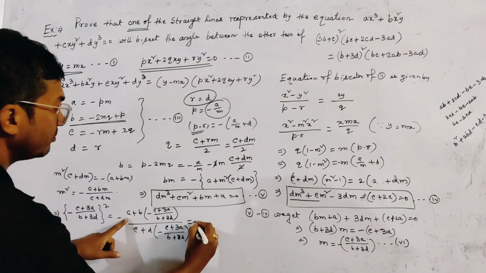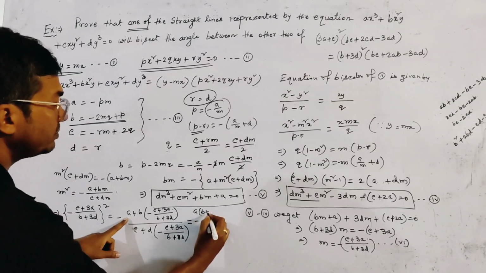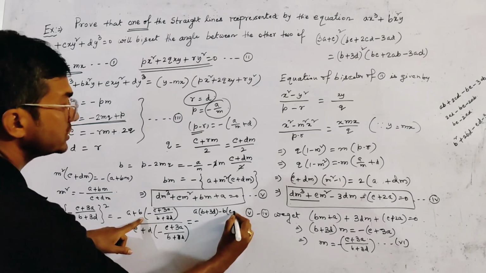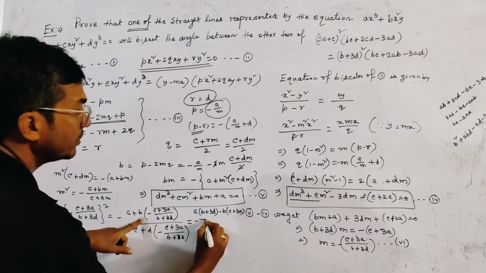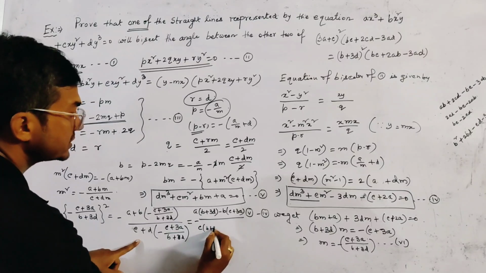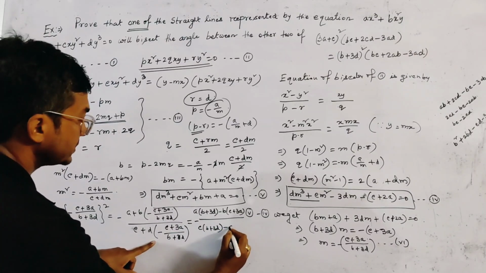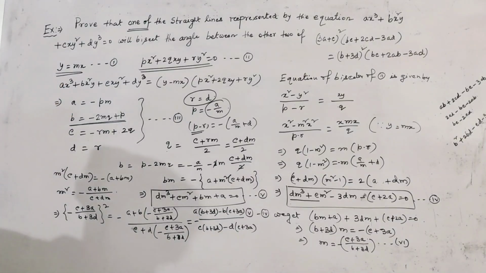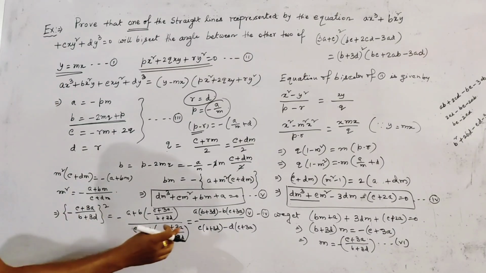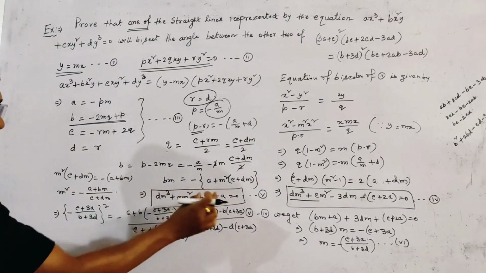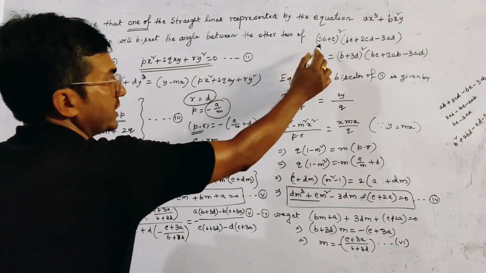This is given by minus of a into b plus 3d minus b into c plus 3a, by c into b plus 3d minus d into c plus 3a. Now if we multiply this term here and this term here, we get our required result.